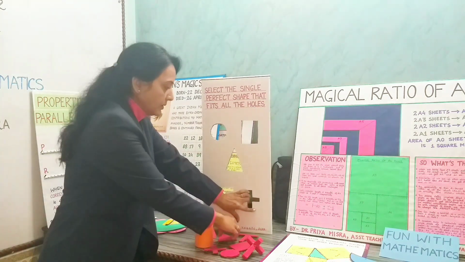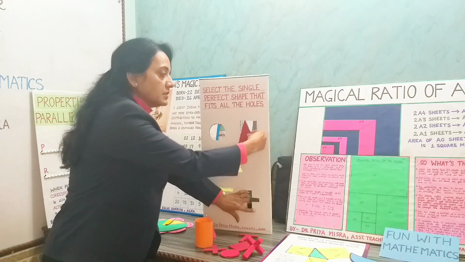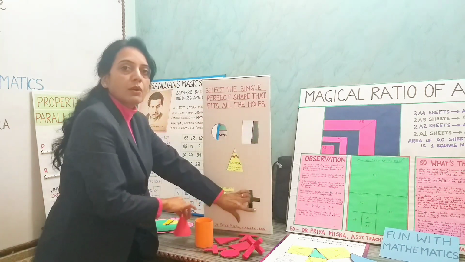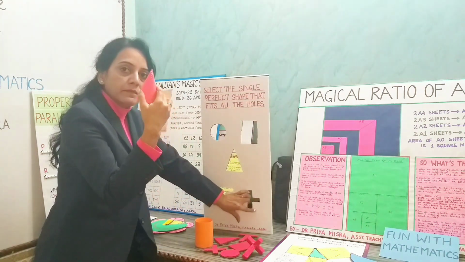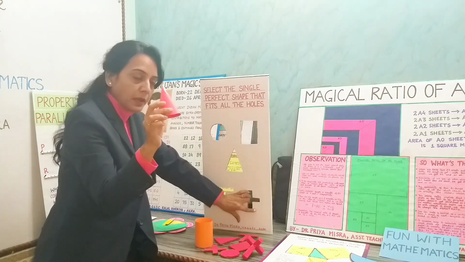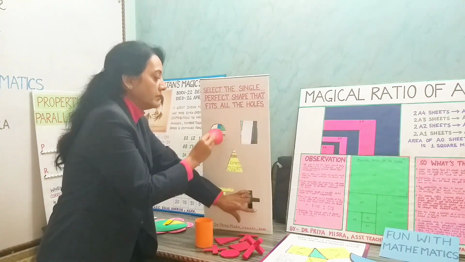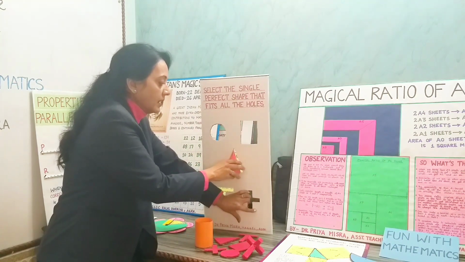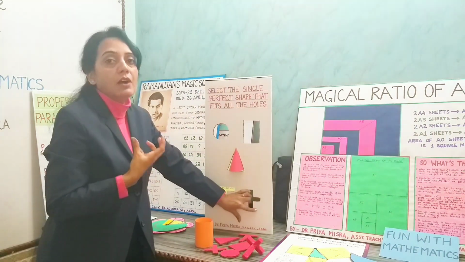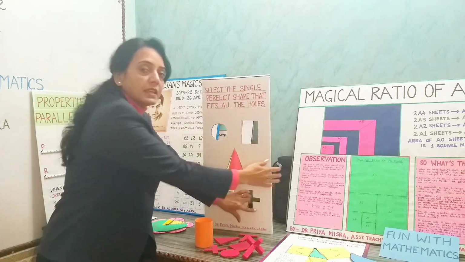One can say this is the shape, but this is not fitting every hole. So I tell them that this is the shape which fits every hole perfectly. So in this way they get an idea of how to have perspective on things.